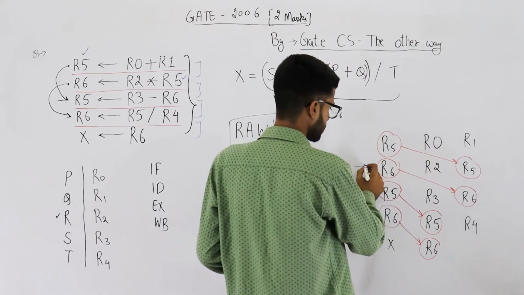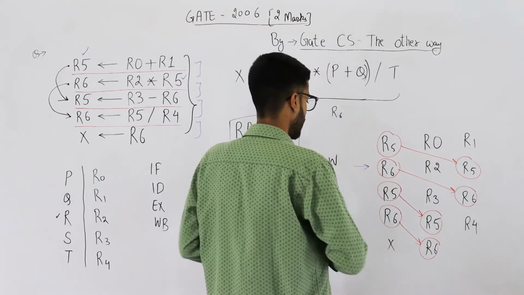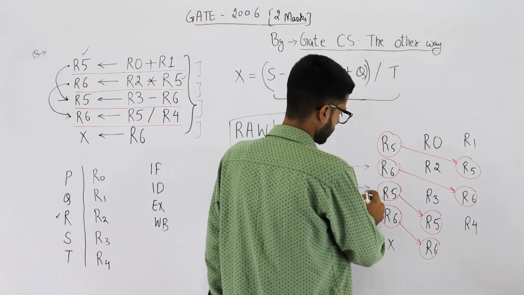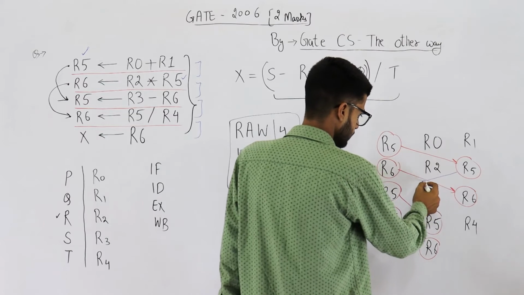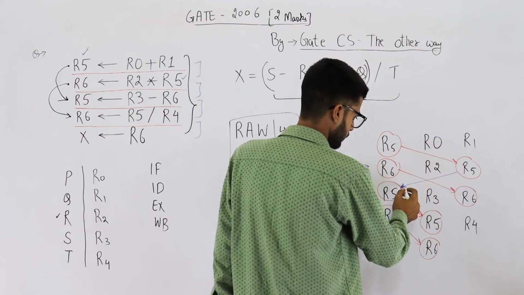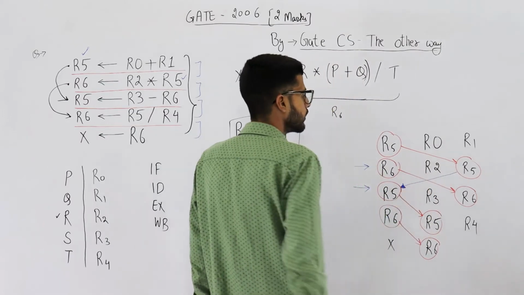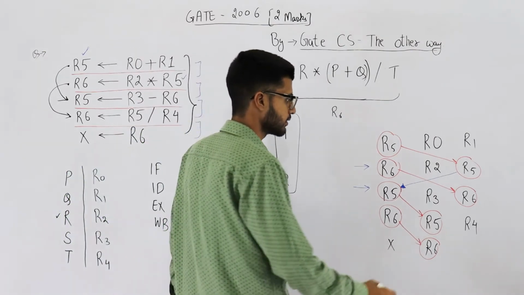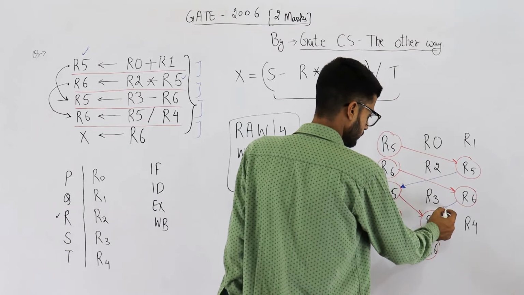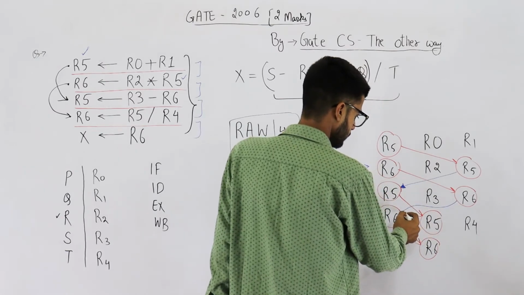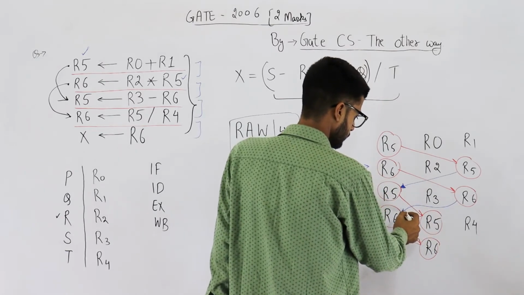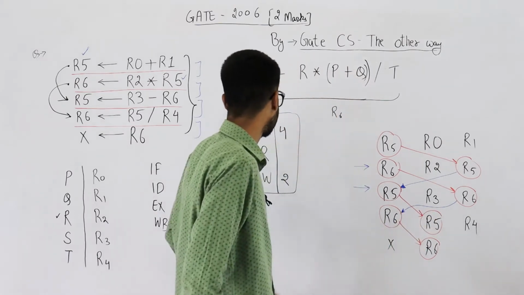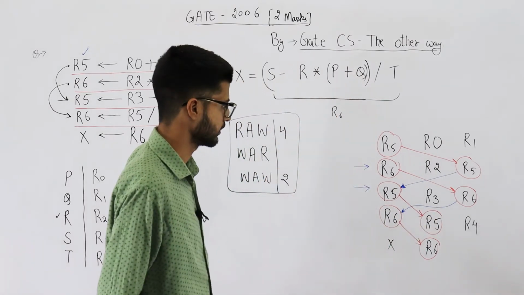Instruction number 2 is reading and instruction number 3 is writing. Okay, so this dependency is a write after read kind of dependency. And similarly, this one is also a write after read kind of dependency.